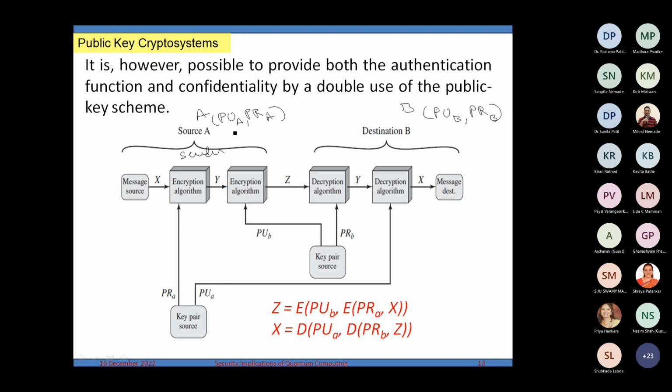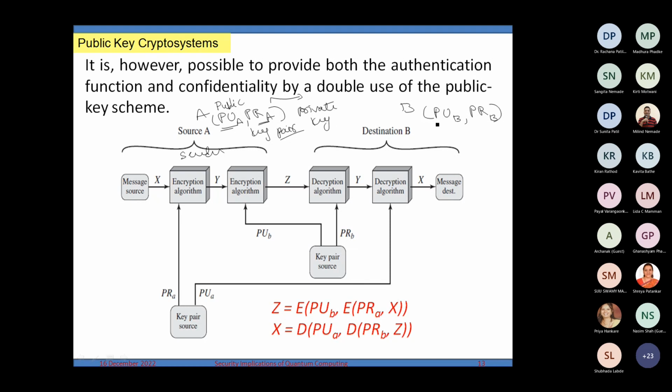Every individual, when communicating using a public key cryptosystem, will have a key pair. So we call it a key pair. Now in the key pair, one key is known publicly and one key is kept secret. So this is public, this is private.